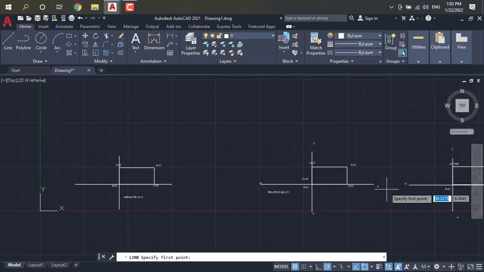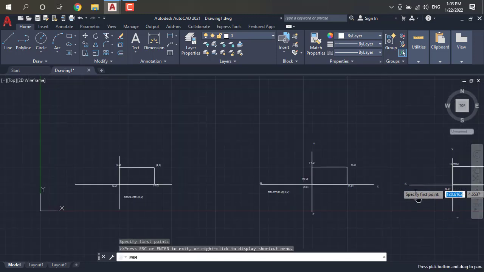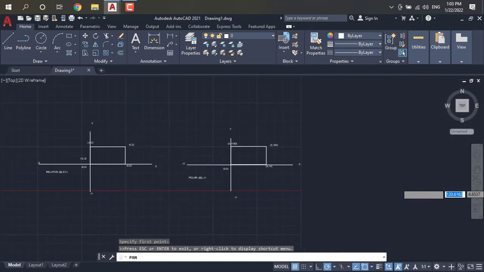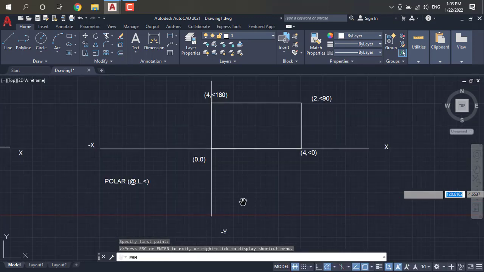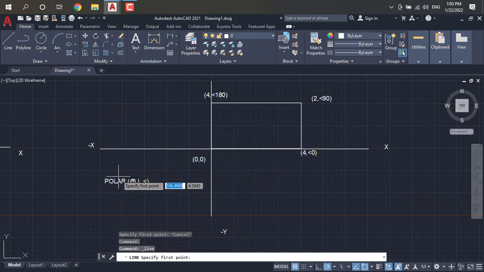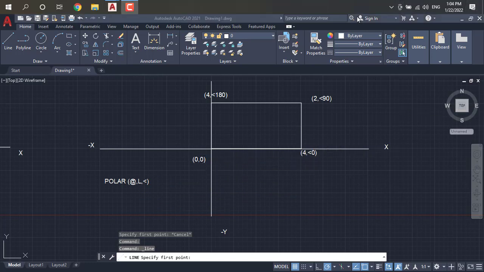Next, go to the polar coordinate system. Here polar means @ of value and angle. Here polar, the origin is 0, 0, at 0 degrees. After that we have to move 4 units on the x-axis with 0 degrees.